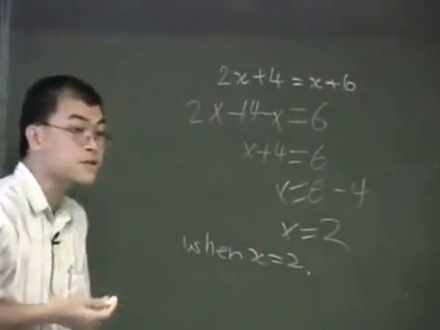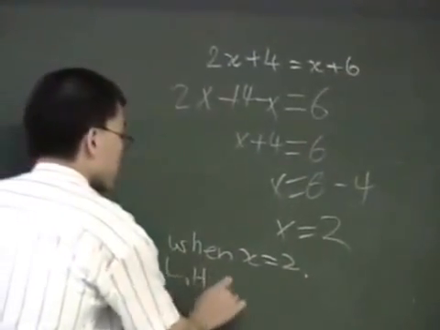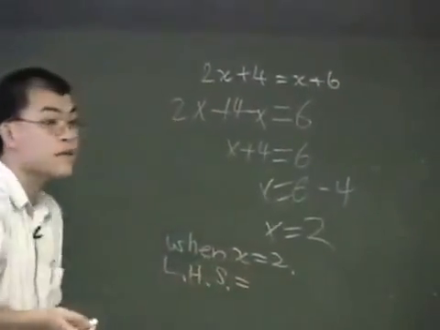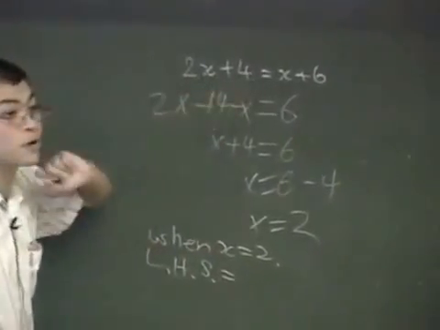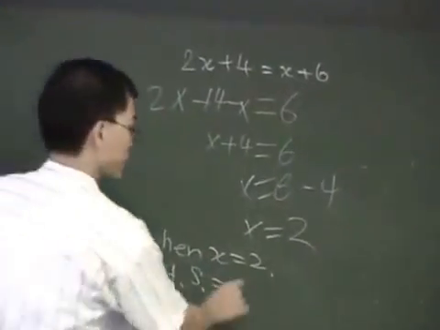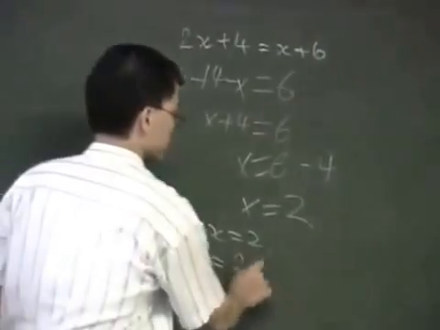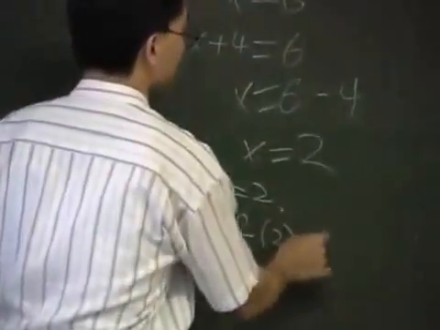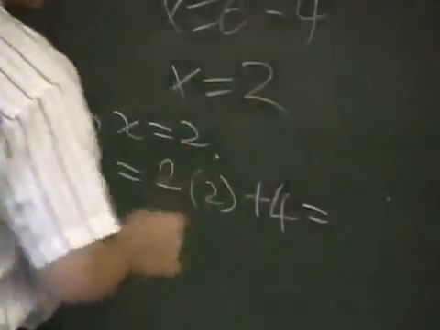Okay. When x equals 2, what is the left hand side? It is 2x plus 4. What's the result?